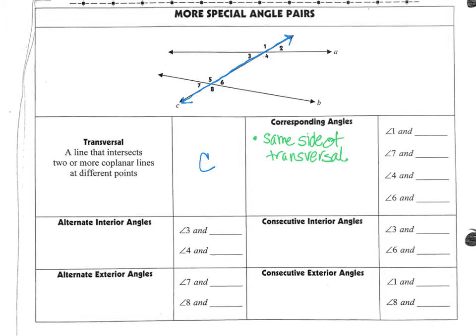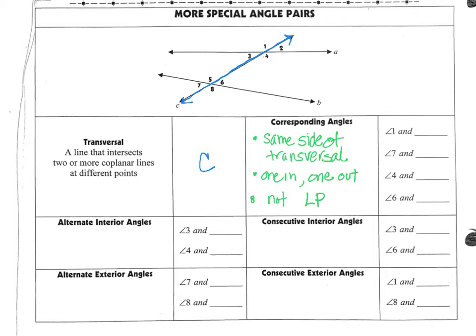The second thing is that we need one on the inside and one on the out. And then the last thing is that they cannot be a linear pair.